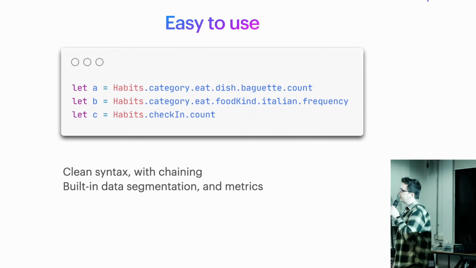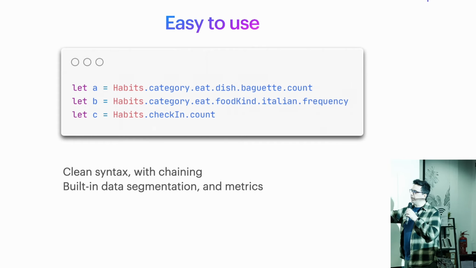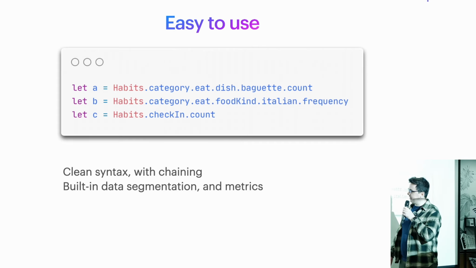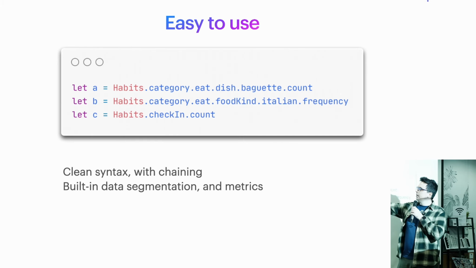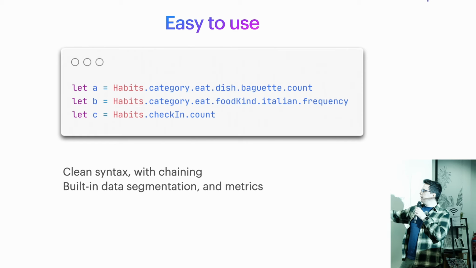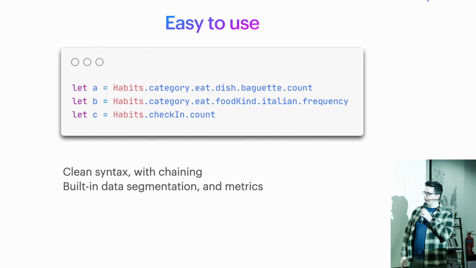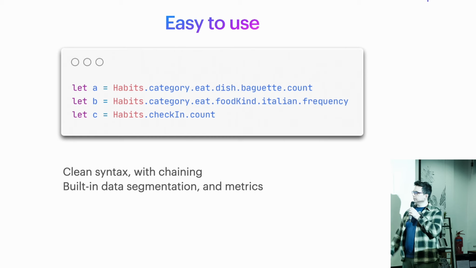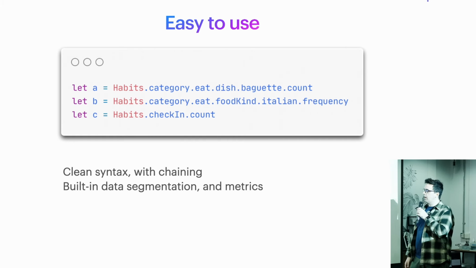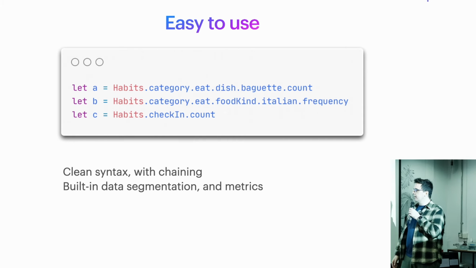Instead of the code we had earlier, let's say you were building a habit tracker application. You could have your engine here, habits, and do .category, .mind, .dish, .baguette, .count, for example. Or instead of .dish, you could do .food, .italian, and calculate, let's say, the frequency.